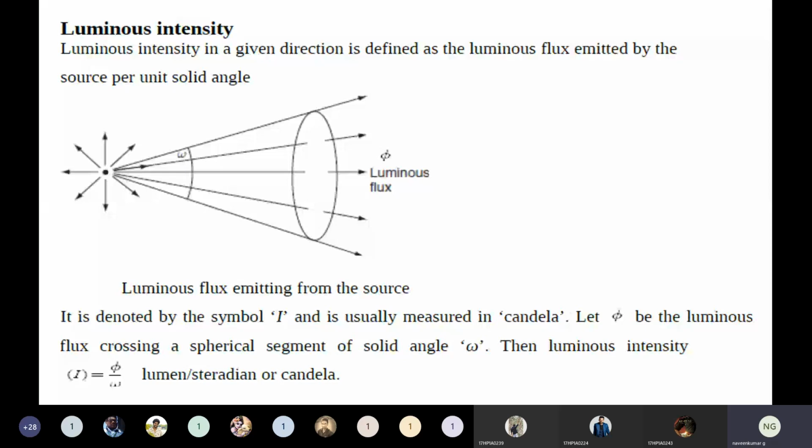So what is luminous intensity? You're observing a source of light in the schematic shown, radiating some luminous flux into the space. Luminous intensity in a given direction is defined as luminous flux emitted by the source per unit solid angle. We have already seen the definition of solid angle in the previous class.